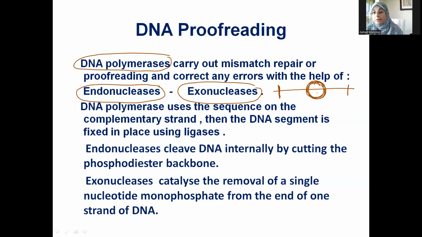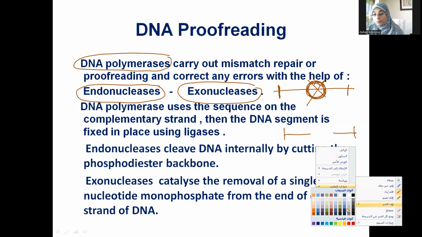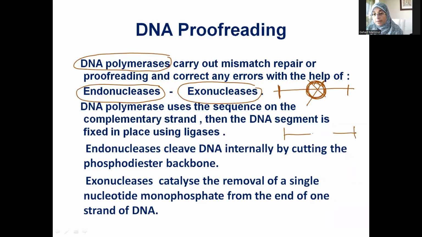But after having removed that part, you insert the correct part. But this correct part has to be bonded to the original segment to restore the integrity of the backbone of the DNA molecule, and this is done by means of the ligase enzyme.